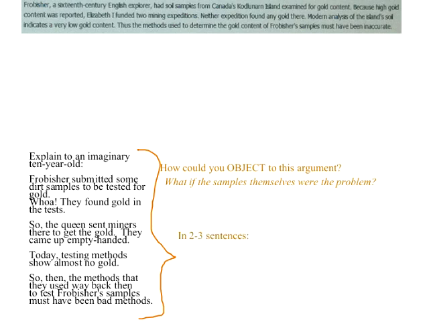So in 2 or 3 sentences, the deal is that 16th century tests showed gold is there for soil from this part of Canada. However, today our tests show gold is not there.